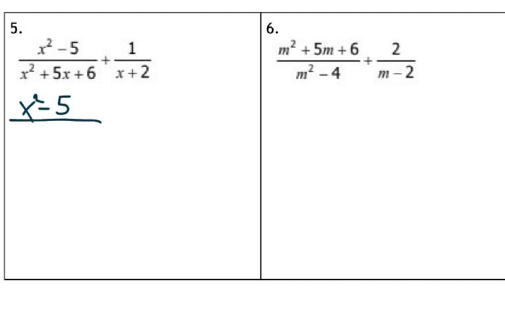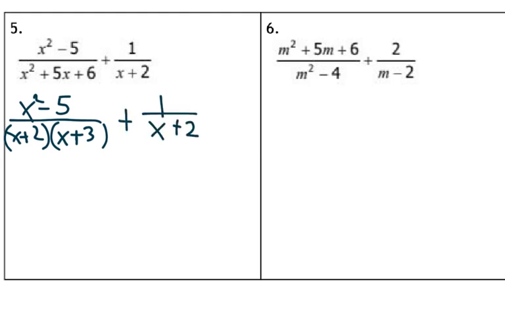But now the denominator can be factored into the product of two binomials, which is x times x, and then we're looking for factors of 6 that add up to 5. And that will give me positive 2 and positive 3. Now, my second fraction has no common factors, no other expressions to factor.